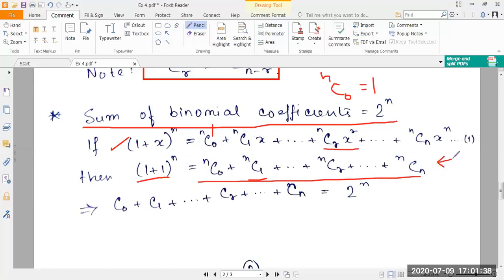Now, if you concentrate, these are basically the n plus 1 coefficients of the binomial expansion. Why n plus 1 coefficients? Because if this is 1, then 2, 3, 4, this is the rth and this is the nth term. So in between, there are n terms, 1, 2, 3 up to n, and we also have nC0. So we have a total of n plus 1 terms.